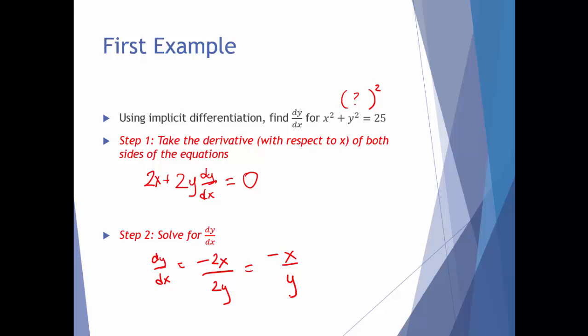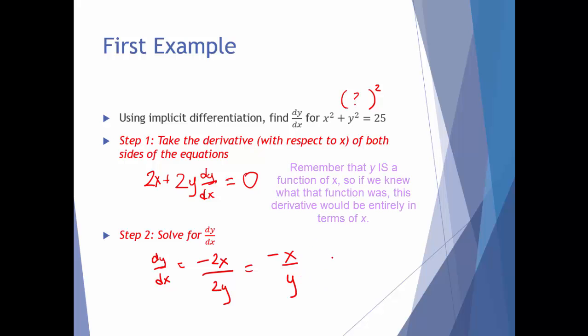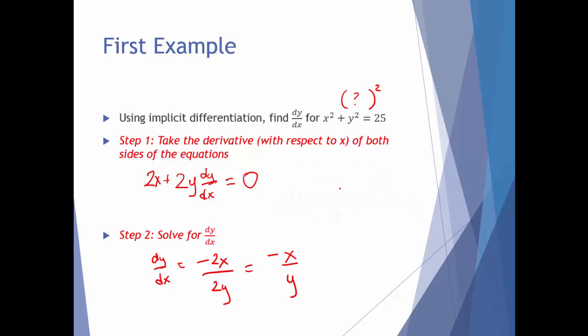Okay. A couple of things to keep in mind with this. When you're using implicit differentiation, it is not unusual to have both x's and y's in your derivative. And believe it or not, we have been, in essence, taking these steps even for equations that are explicitly defined in terms of x.